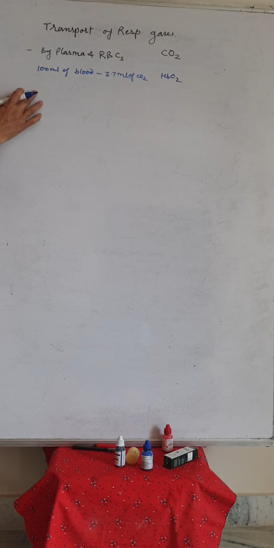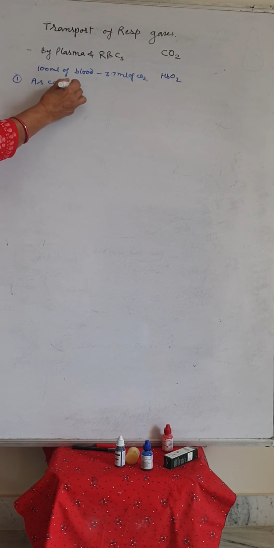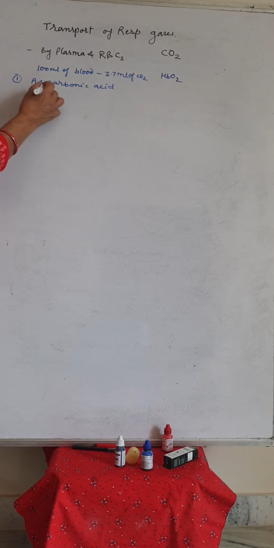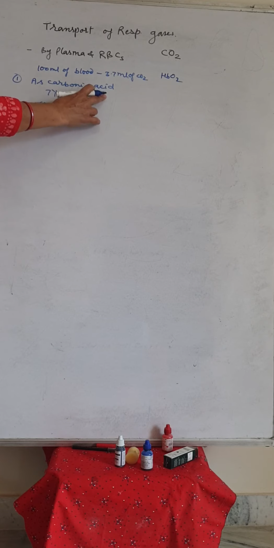The first way of transport of carbon dioxide is as carbonic acid. Seven percent of the 3.7 ml, near about 0.3 ml, is carried as carbonic acid.